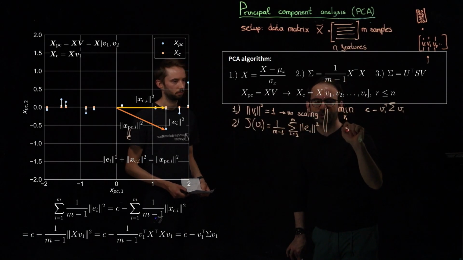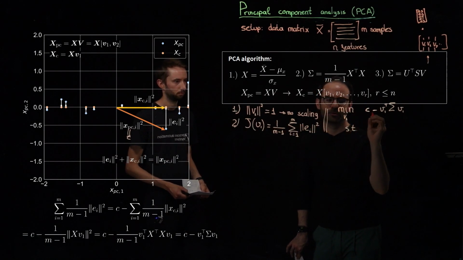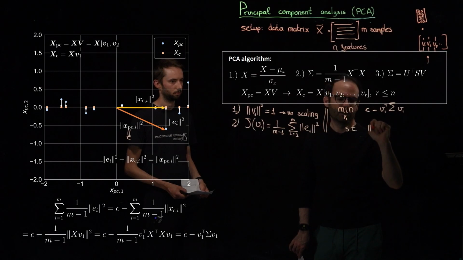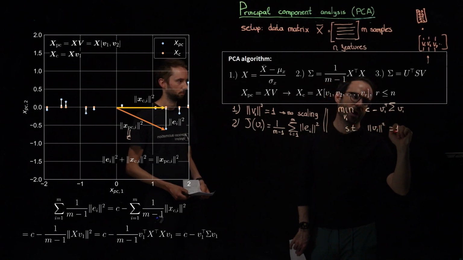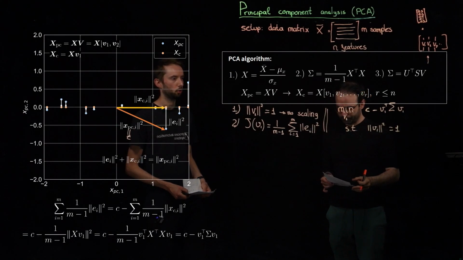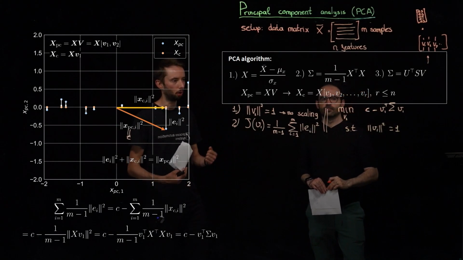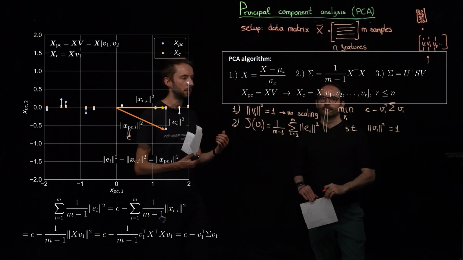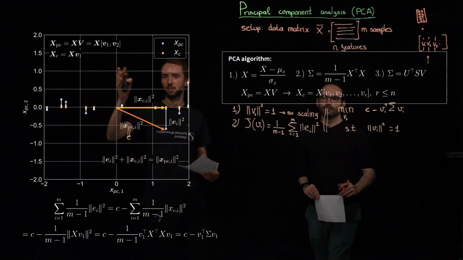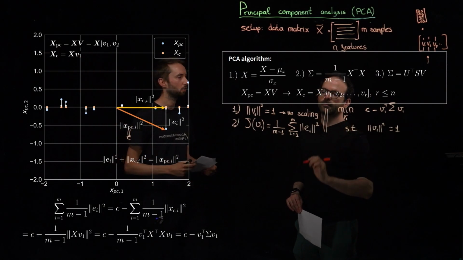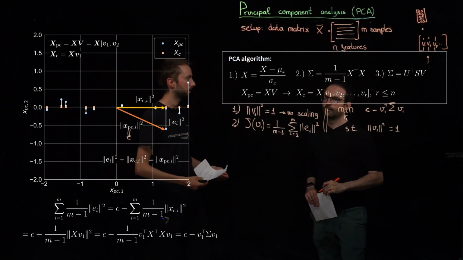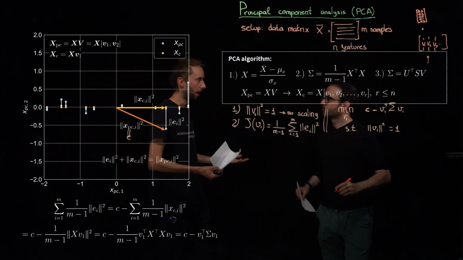We can write this as a constraint: subject to the norm of V1 squared being equal to 1, okay? Right. So this is the optimization problem we now want to solve to obtain the vector which gives us the compressed representation of our data, which minimizes the squared error.